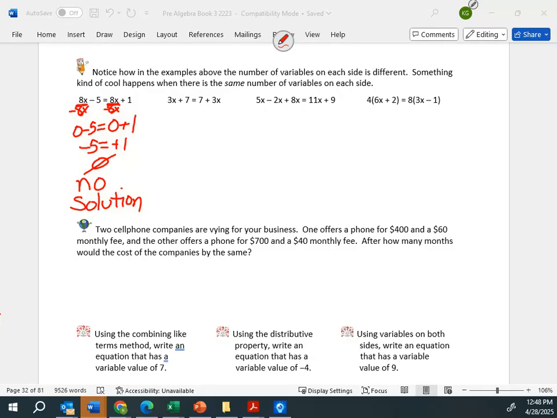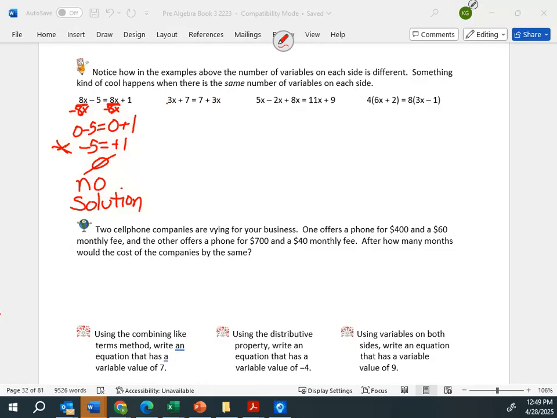So when I go to do opposite operations, it zeroes out both sides. But you have to prove that it does not balance. I do not want us just to look and say 3x and 3x, it's no solution. I want you to work it out so you can see that negative 5 does not equal 1. So it's a no solution.